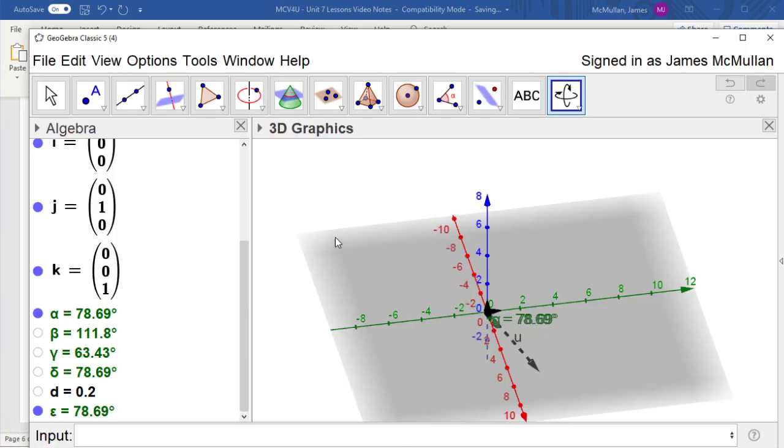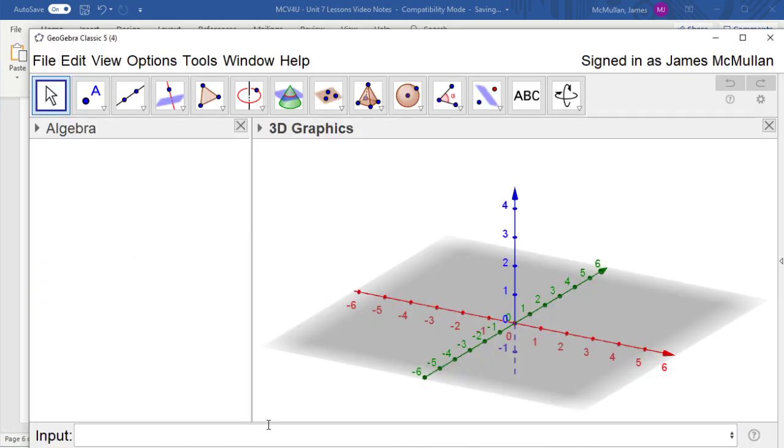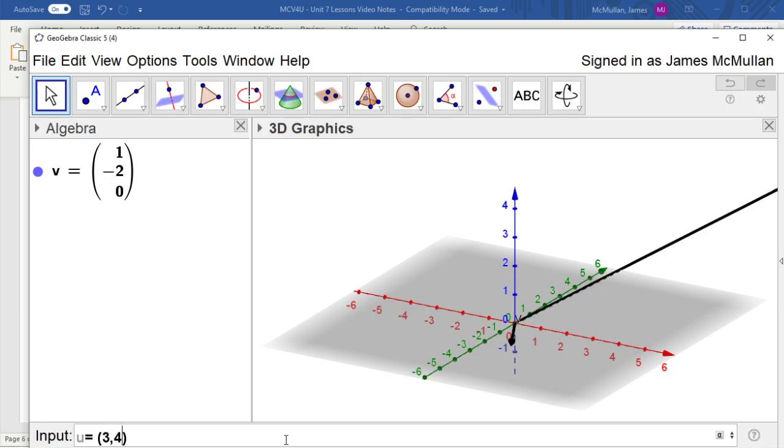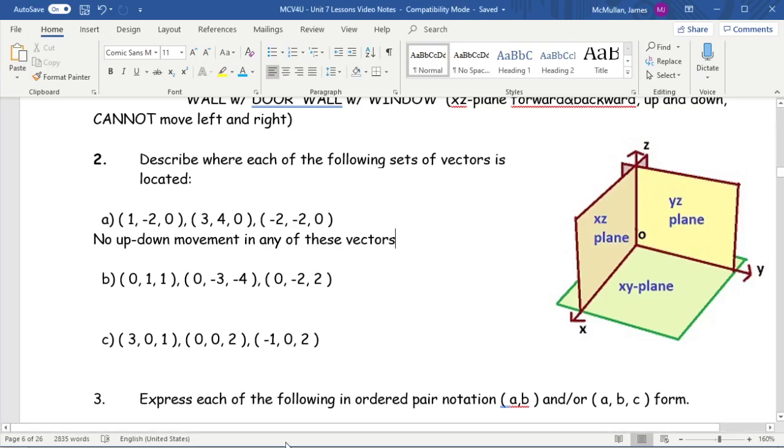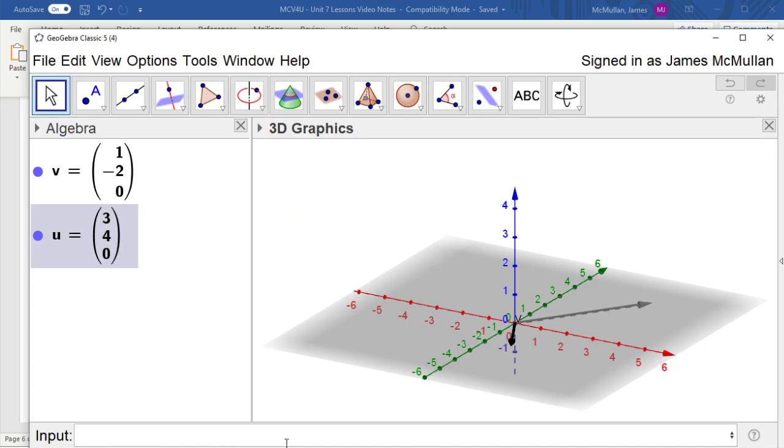Let's draw them quickly just so we can reinforce what I'm talking about here. So 1, 2, 0, 3, 4, 0, and negative 2, 0.